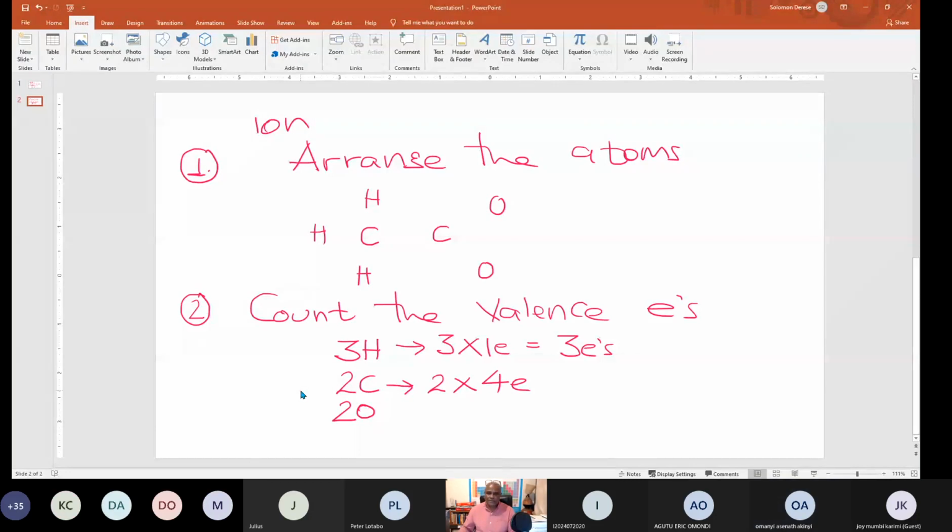Yes, miracle. Okay. 2 times 4 electrons for the carbons, 8. Then oxygen, we have 2 of them, 2 times 6, 12, isn't it? The total number of electrons as a result of this is 3 plus 8, 11, 11 plus 12, 23, isn't it?